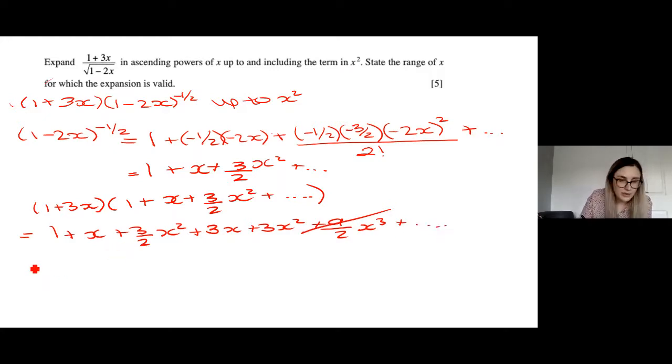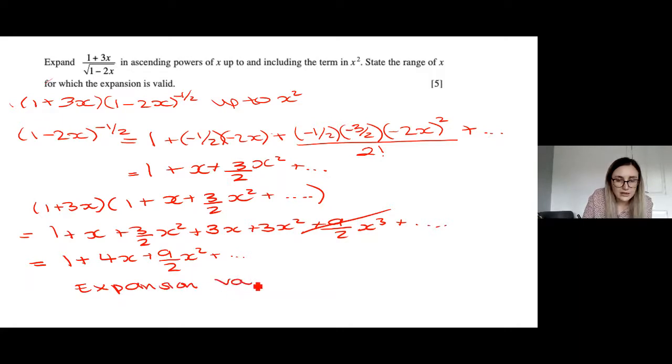Right, so my expansion is now just 1 plus x plus 3x, which gives me 4x. And then 3 over 2 plus 3x squared, well, 3 is 6 over 2, and 3 over 2, so that's going to be 9 over 2 x squared. And that carries on.